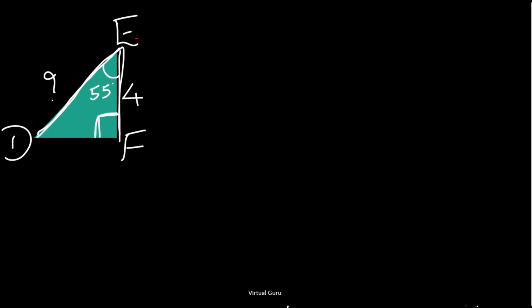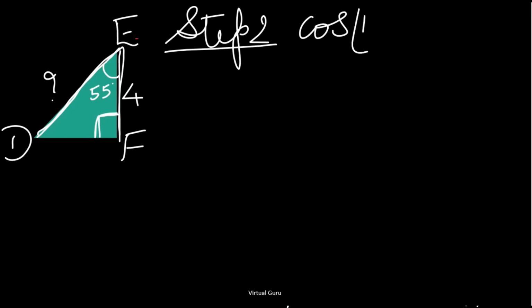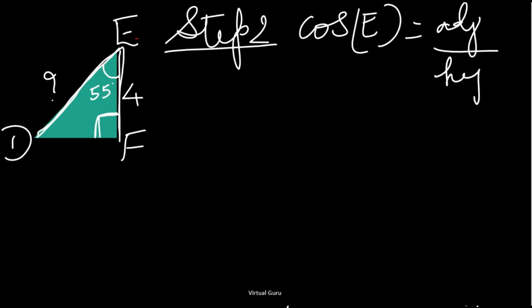So our next step, step 2, will be substitution. First one is to find the trigonometric ratio. Now substitute. So we know cos of E is equal to adjacent by hypotenuse.